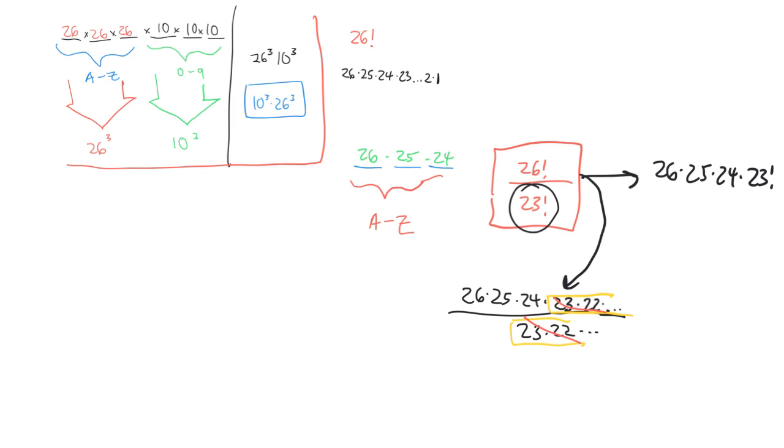So you could save trees and paper and pencil ink and power on your iPad by just writing 23 factorial there. And then we have the 23 factorial down below right there. And then you could think of it as these canceling, leaving us with just that.